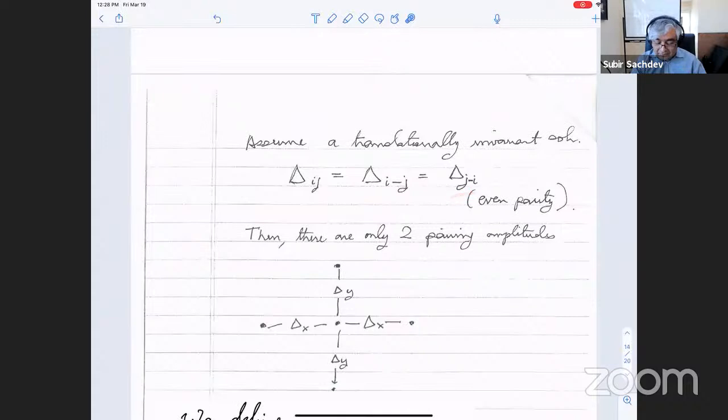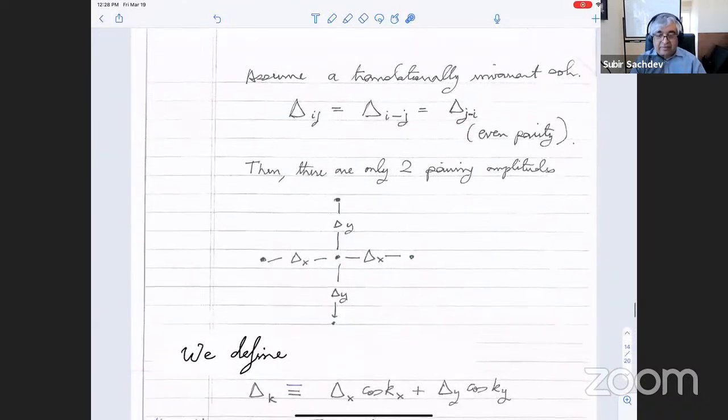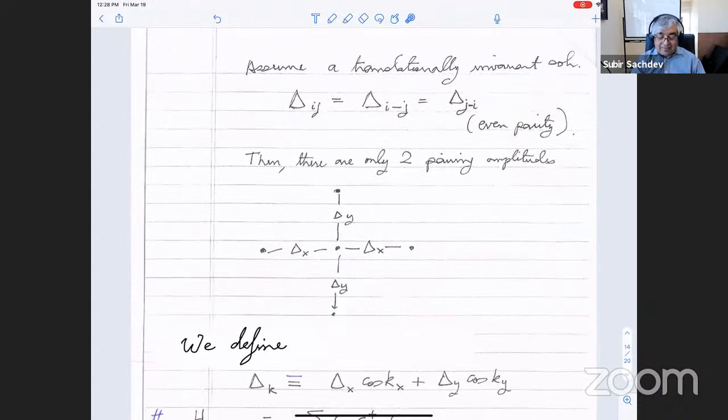So basically, there's no orientation to them, no phase that matters which way you go. And so there's only two real numbers left over, delta x and delta y.